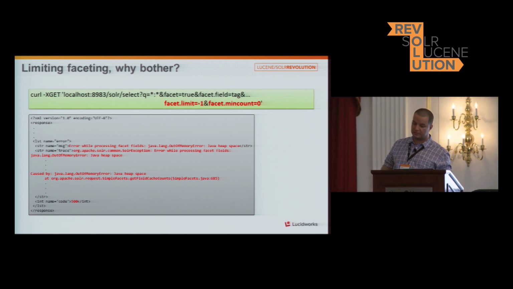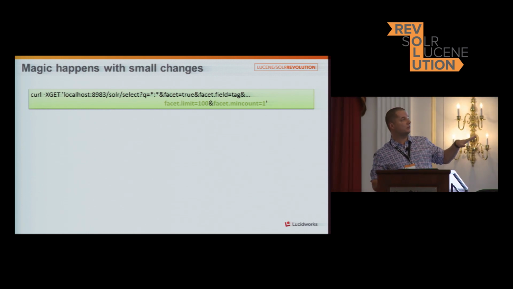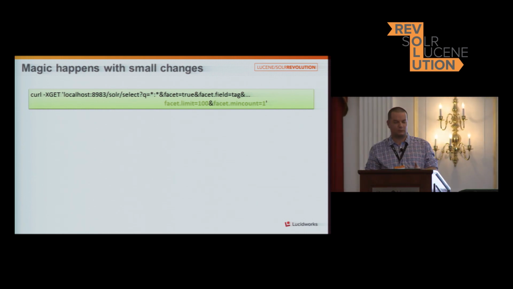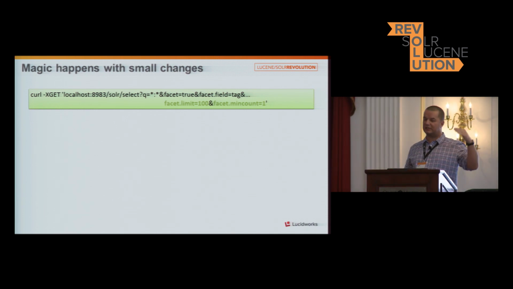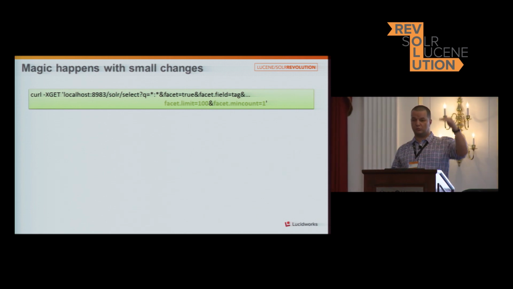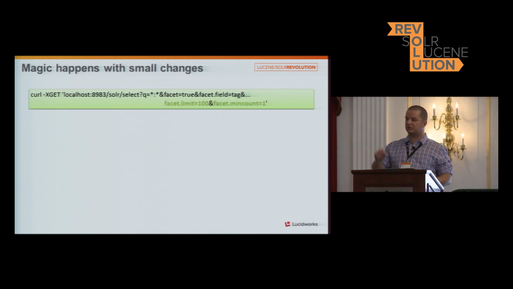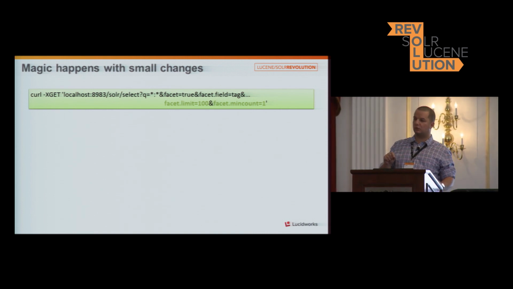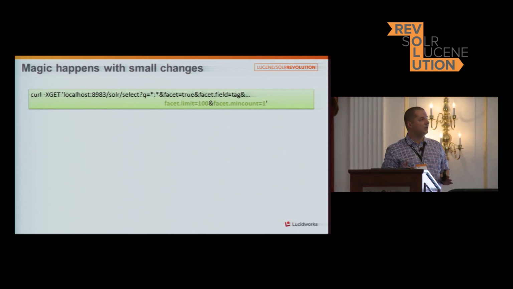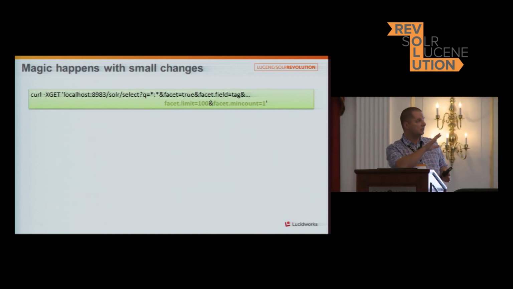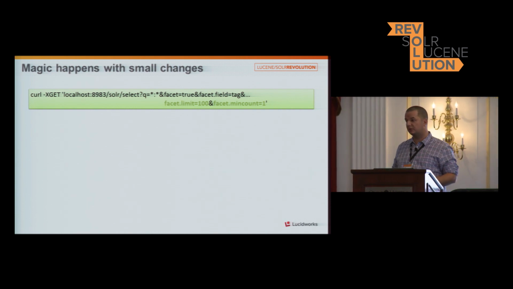That's why we were able to adjust that family of queries to have a facet limit of 100, because that faceting query was used to show the left panel on a site, where they give the users the ability to filter on the tags. So 100 tags was more than enough. They actually showed about 30 of them. And min count equals 1 resulted in showing only the tags that really returned results after filtering. So that was the case.